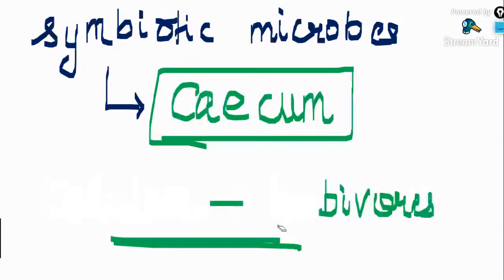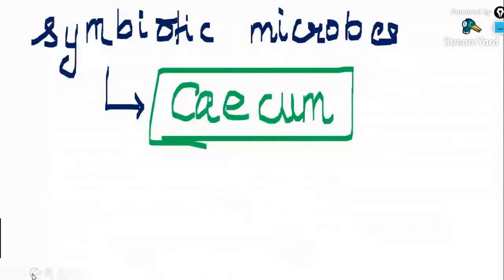Name the vestigial organ. The first part of the large intestine is the cecum. After that comes the colon, and the last part is the rectum.